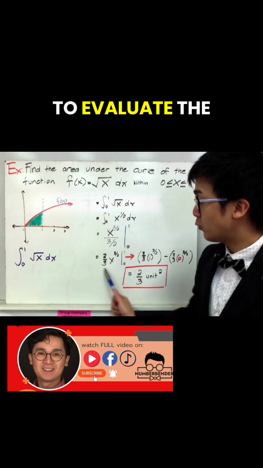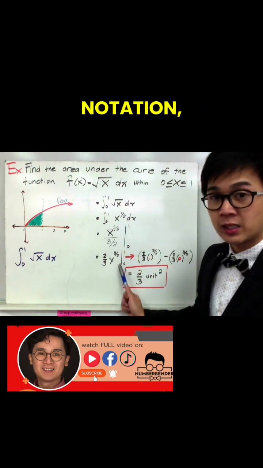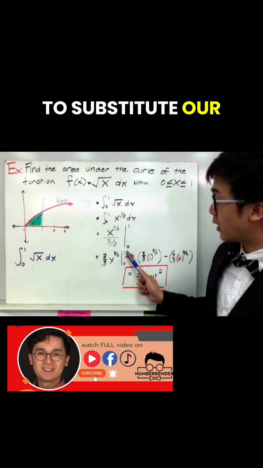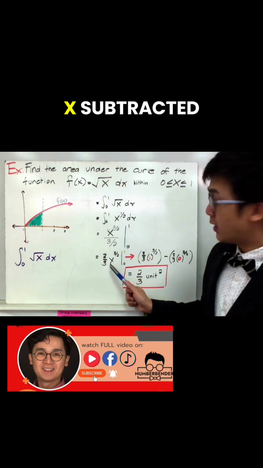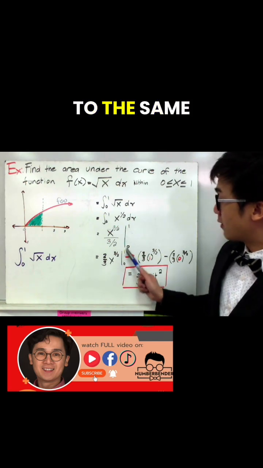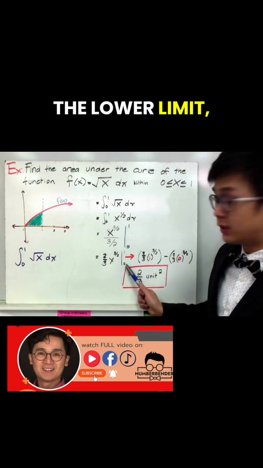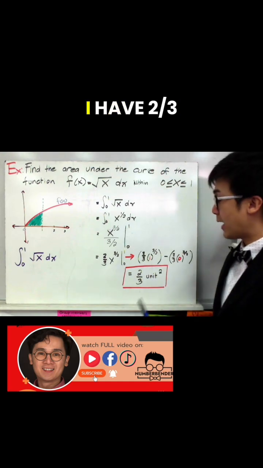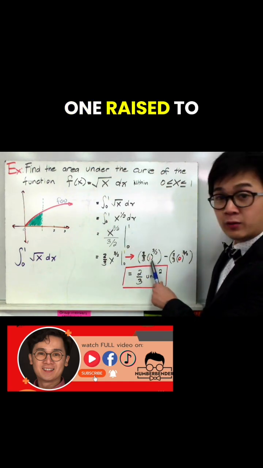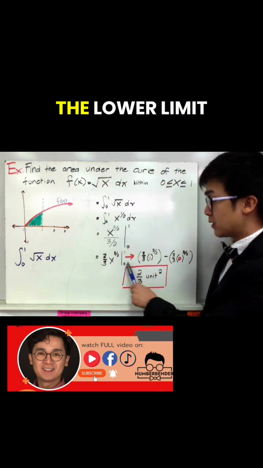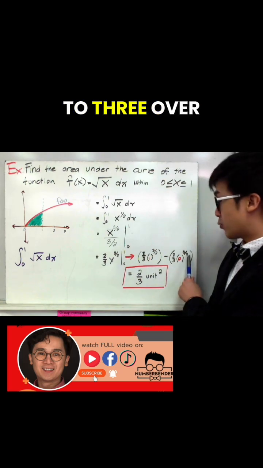Now, to evaluate the area under this notation, we simply need to substitute our upper limit for x, subtracted by the same function, but this time substituting the value of the lower limit, which is 0. That is why I have 2/3 times 1 raised to 3 over 2 minus 2/3 times the lower limit of 0 raised to 3 over 2.